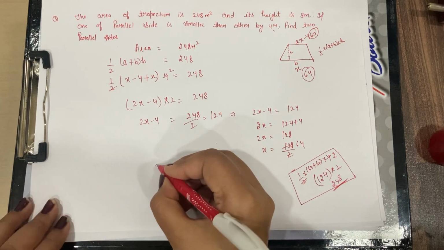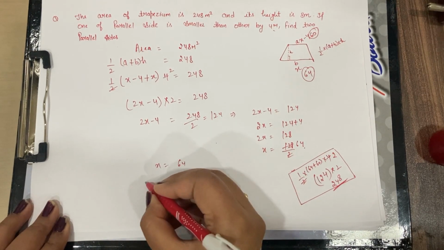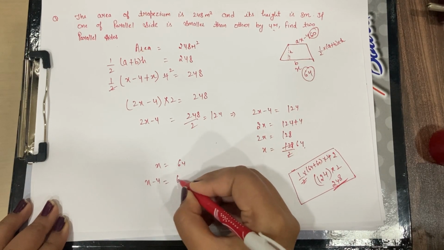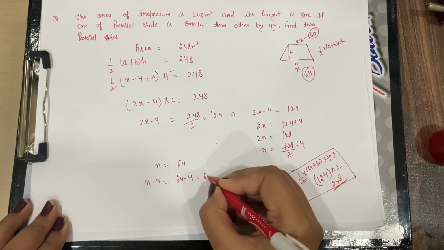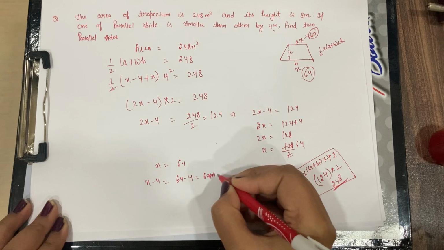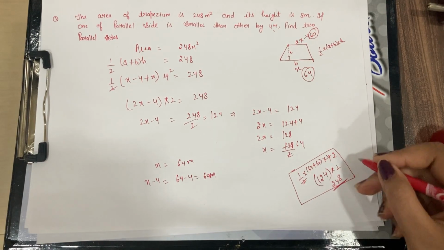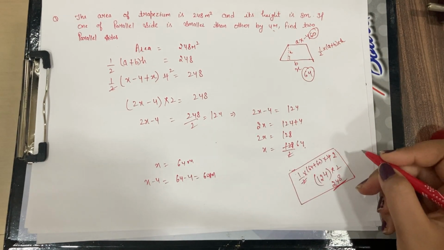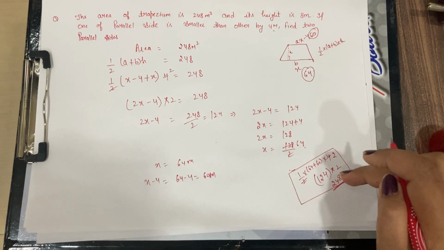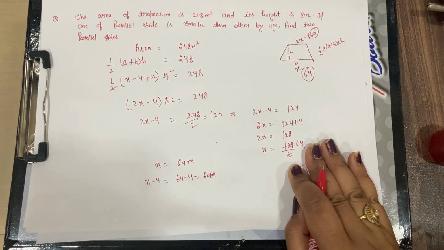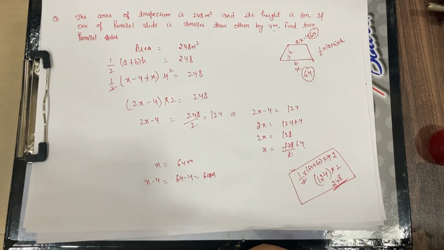You can write here x is 64, x minus 4 is 64 minus 4, 60 meters. This is for your purpose only, to check whether you are right or wrong. You will not show this in your work. Rest is only part of work. Hence the parallel sides are 64 meters and 60 meters.